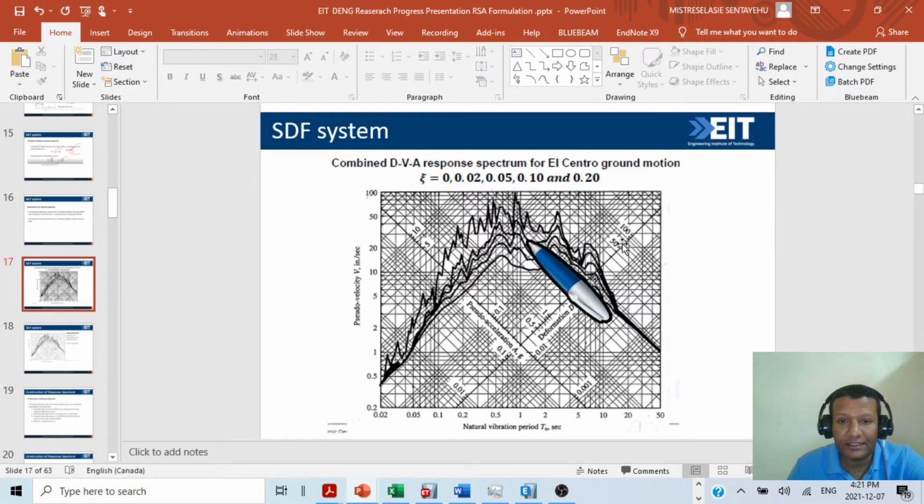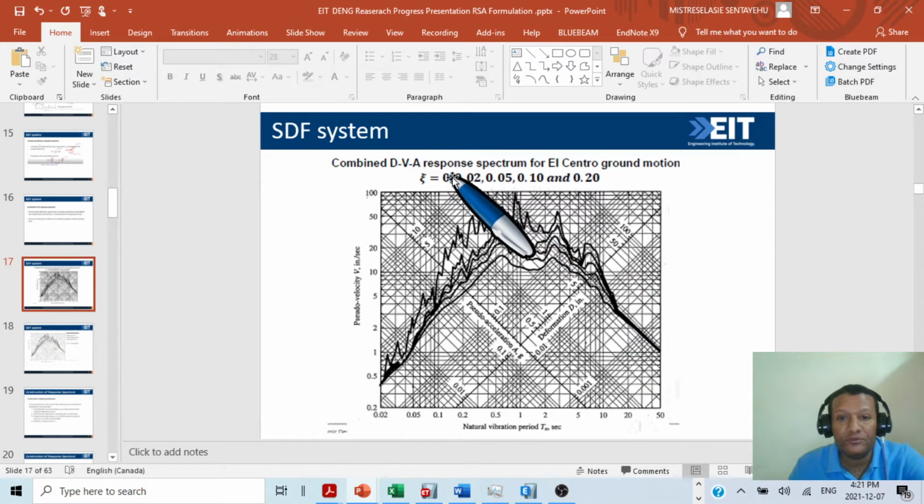As you can see, this is a graph. We have natural vibration period on this axis, and we have pseudo velocity in the y direction, and this is pseudo acceleration, and this is the deformation response spectrum curve.